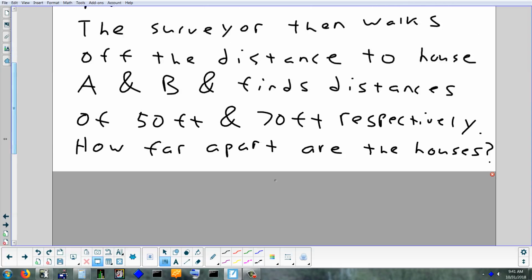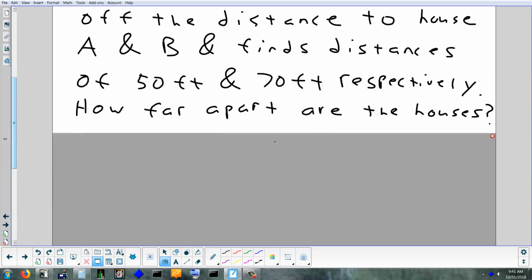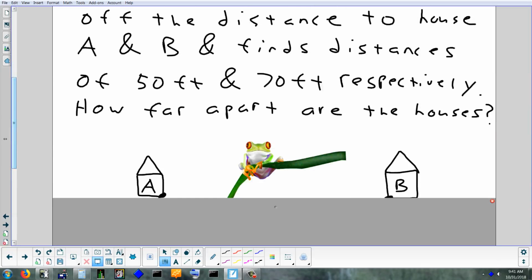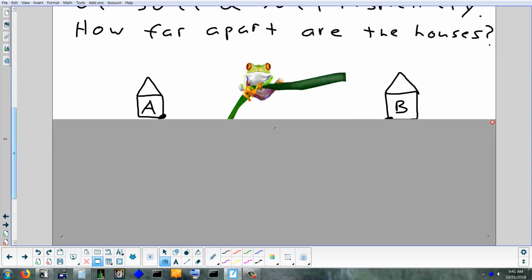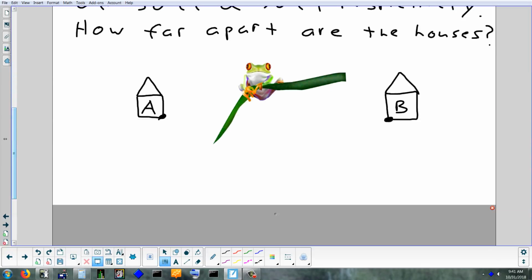All right, so I said there could be something between the houses that's preventing you from measuring it directly. Could be a cliff, could be a river, could also be poisonous tree frogs. So in our case, we've got poisonous tree frogs. There's our two houses. Can't walk between them.